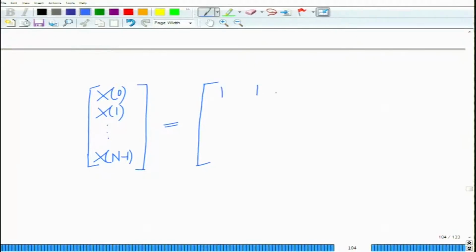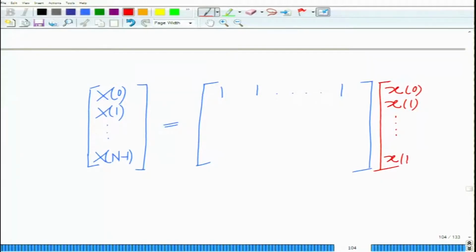The first row will be all ones. You look at what is multiplying each component of the signal.